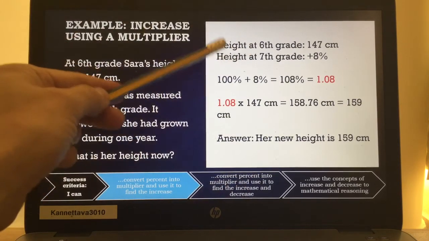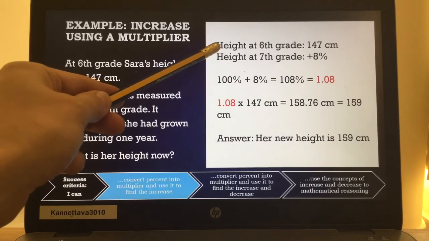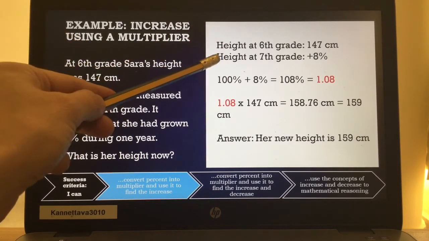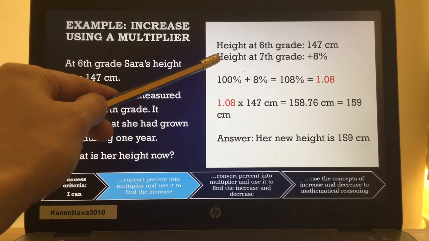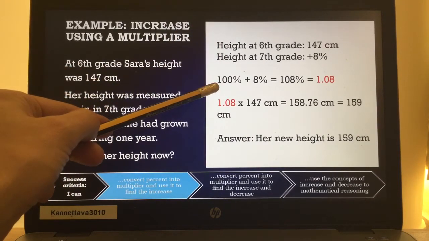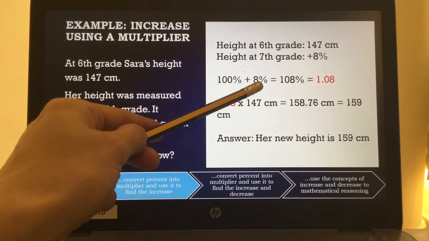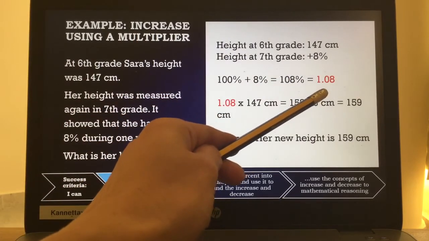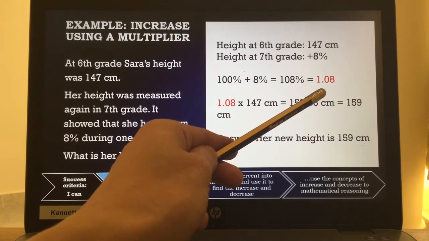Okay, at the 6th grade it was 147 centimeters. The increase was 8%. So let's add up these percentages. 100 added to 8 gives you 108, and the multiplier will be 1.08.